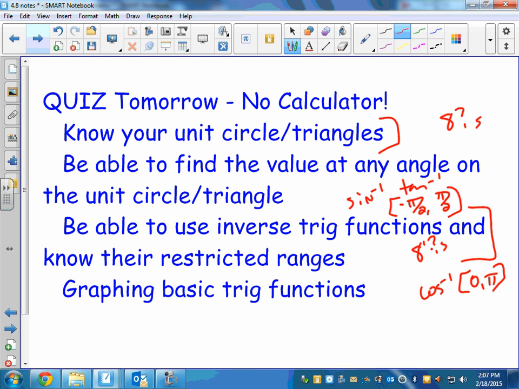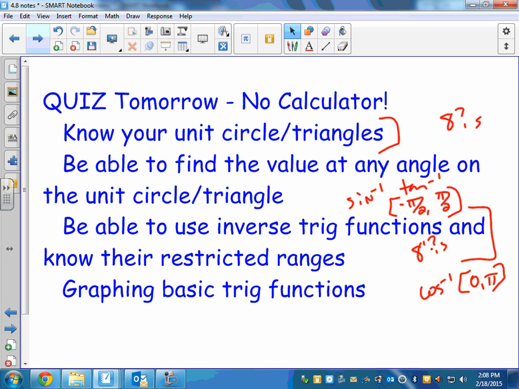That's 4 points of the 20 points. It's a 20-point quiz. I will still give you a chapter review assignment tomorrow because the quiz is not supposed to take long, right? It's kind of like one of those know your values, give me the answer. So I'll still give you your chapter review tomorrow, and then Friday the chapter review will be due, and we'll go over it, and then we'll have a 2-part test. 1 day without a calculator, 1 day with a calculator.